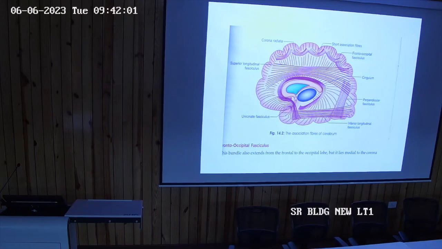You have seen the mammillary bodies. So the fornix is the projection fiber connecting the hippocampus with the mammillary body.